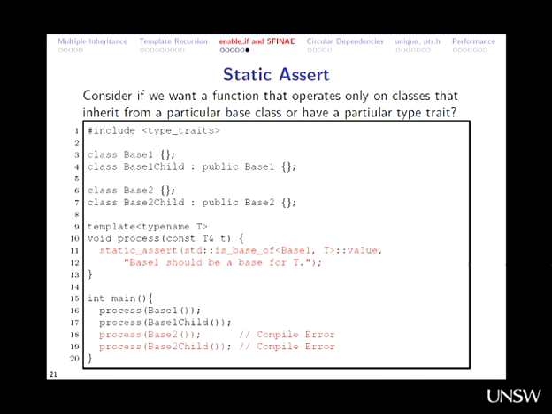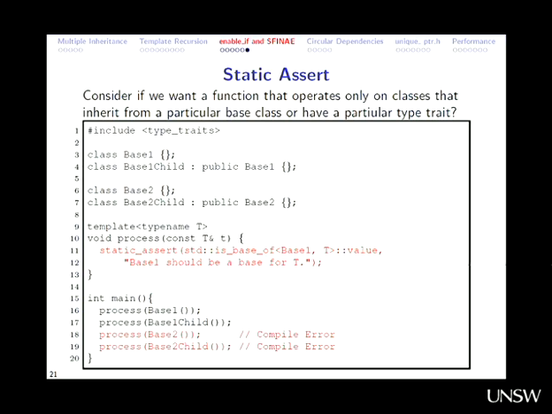Now, a static assert is an assert that happens at compile time. And again, we can combine this idea of static asserts with type traits to, not so much enable or disable a function, but to just not allow a function to be compiled at all if some sort of type trait isn't true.